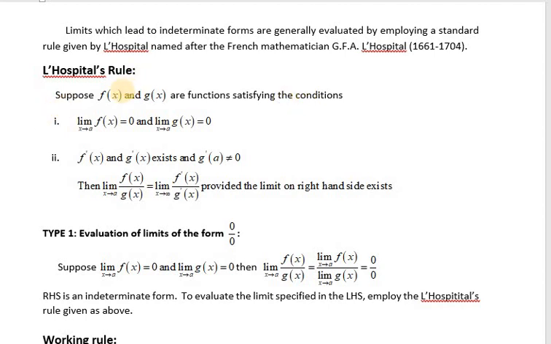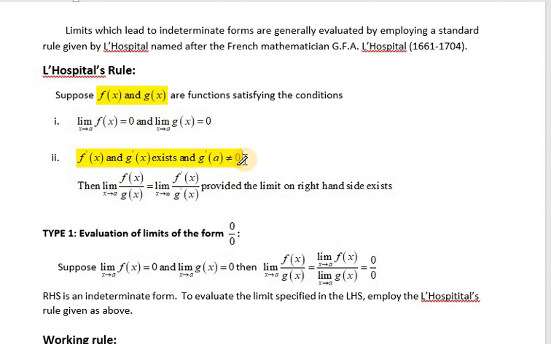L'Hopital's rule is as follows. Suppose f of x and g of x are functions satisfying the conditions limit x tends to a of f of x is equal to 0 and limit x tends to a of g of x is equal to 0, then f dash of x and g dash of x exist. That means the derivatives of f of x, that is f dash of x and g dash of x exist, and g dash of a is not equal to 0.